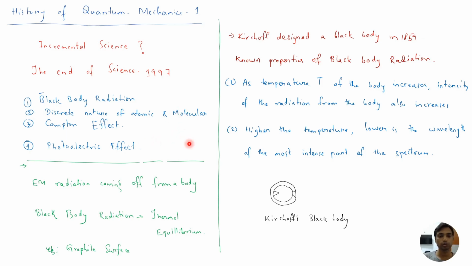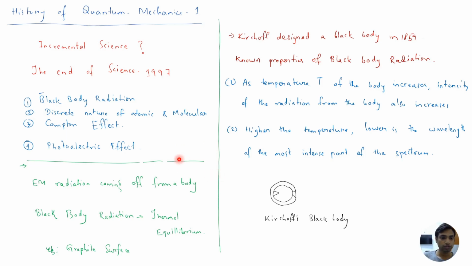These phenomena could not be explained by classical physics, and that set the ground for the whole new subject of quantum mechanics, which we now understand very nicely, and it has a mathematical footing.